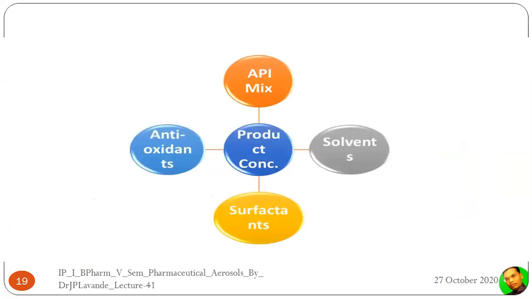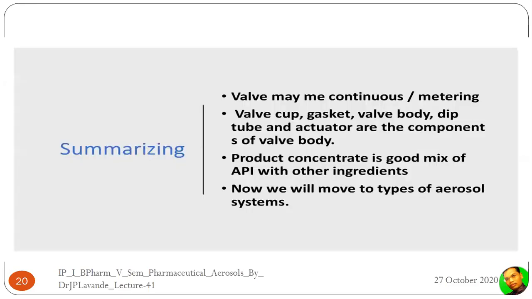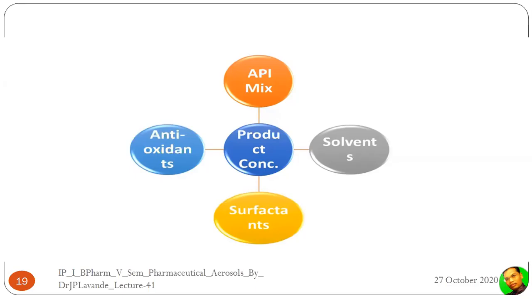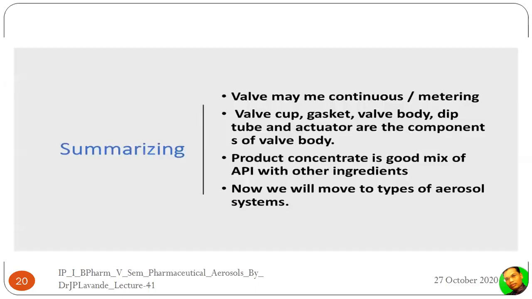The product concentrate contains the active pharmaceutical ingredient in mixture. It will contain the solvents, the surfactants, and the antioxidants. If we want to summarize what we have studied up till now, we have gone through the valves, which may be continuous or metering valves.